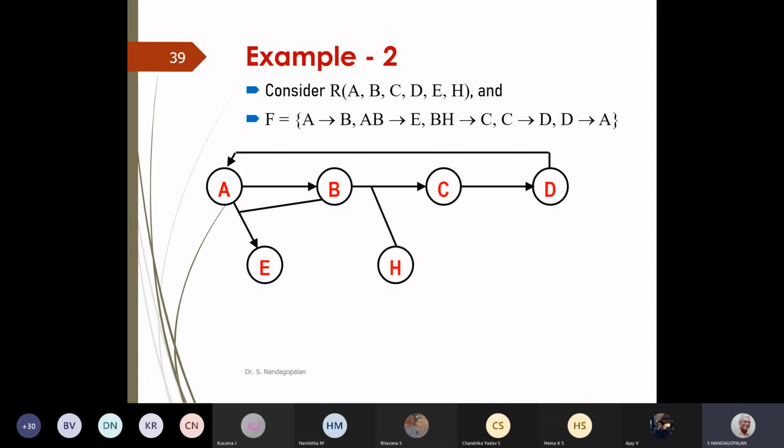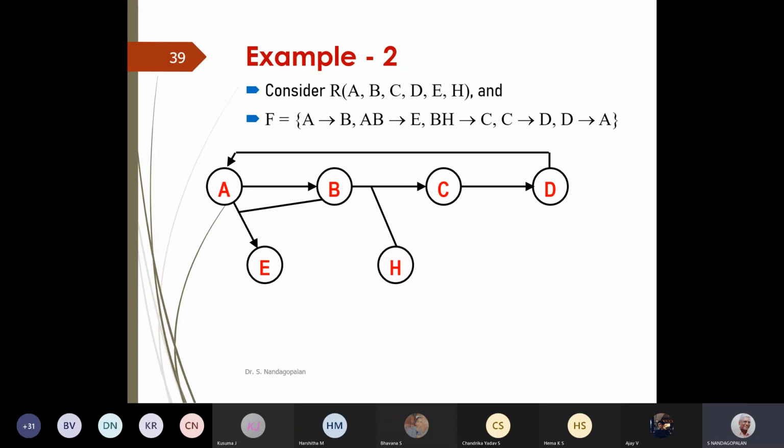In other words, it should appear only on the left hand side. It should not appear on the right side. Which are those attributes? Anybody can answer.